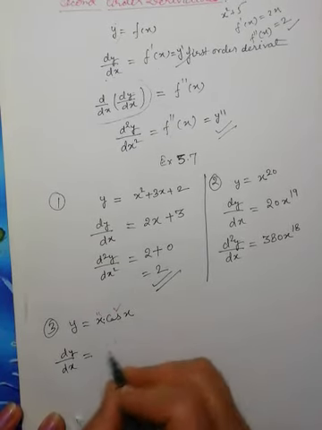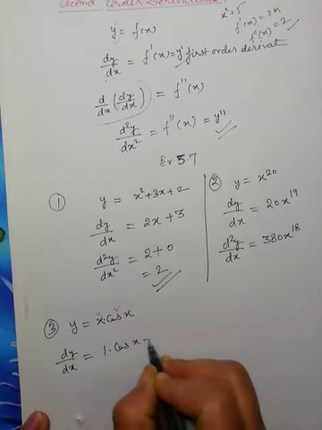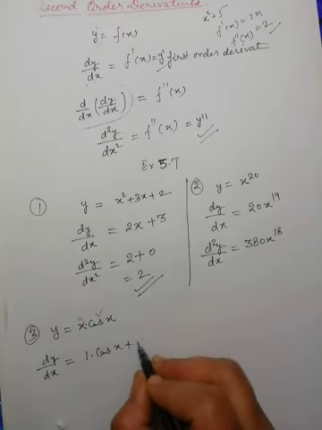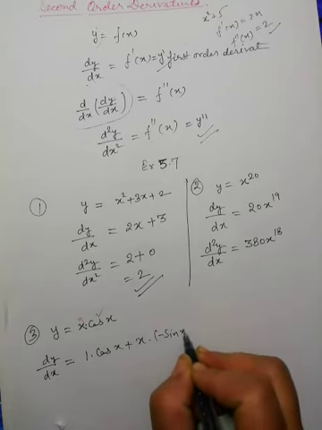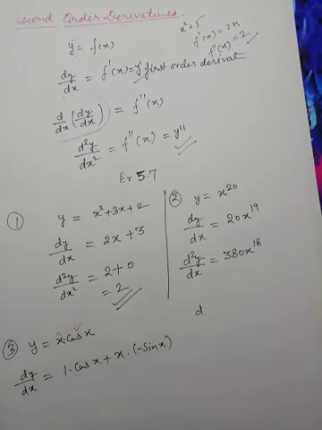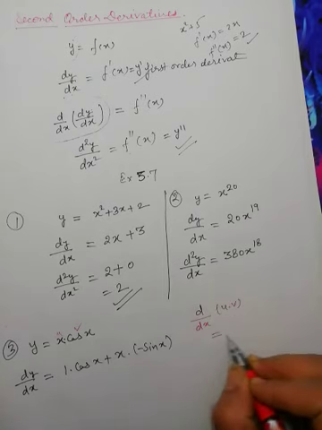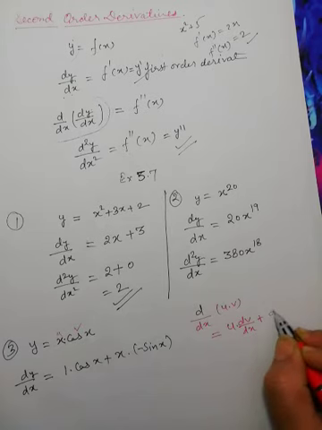You know the rule: d by dx of uv, for this product rule, is u into dv by dx plus du by dx into v.